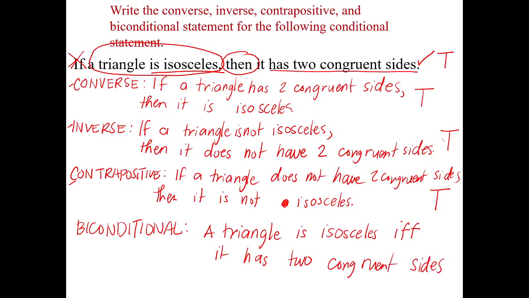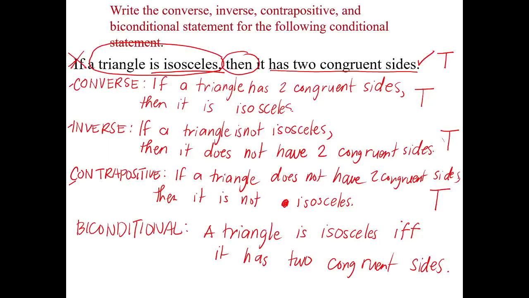That's how you make your biconditional. So, using the conditional, a triangle, this one, I'm going to change the then to IFF, and then add it has two congruent sides.